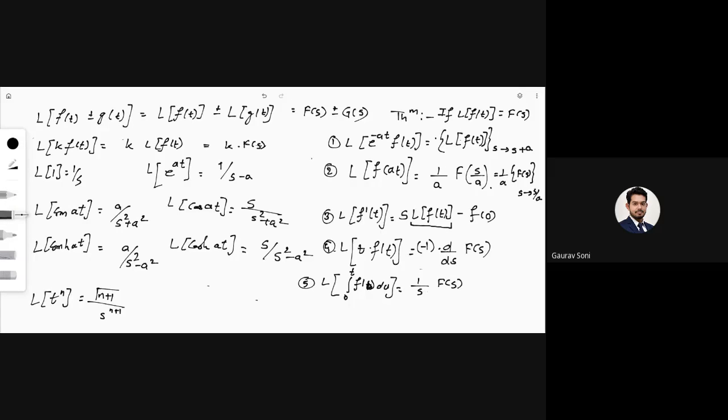What is capital F of s? The Laplace of the integrand, so 1 upon s Laplace of f of t. So if there is an integration, we divide by s and take the Laplace transform of what is inside the integration.